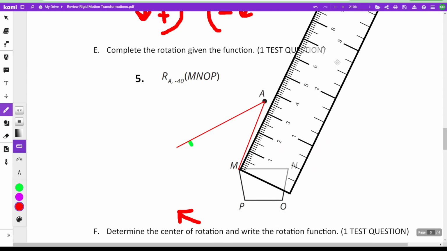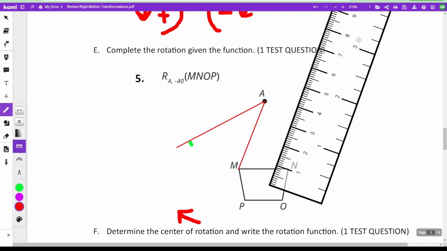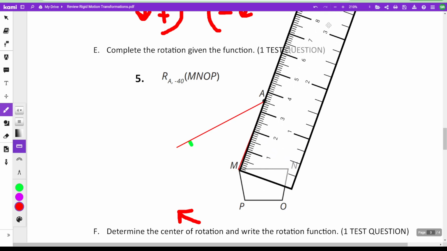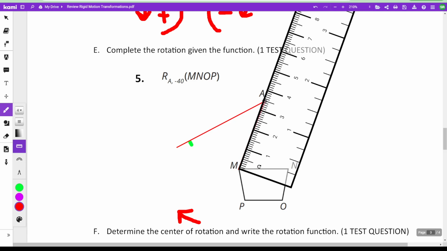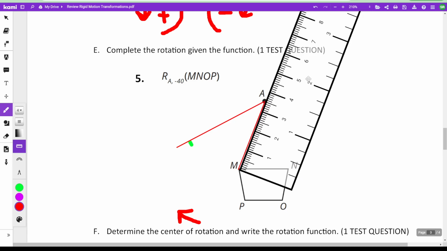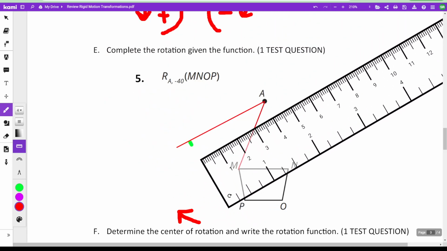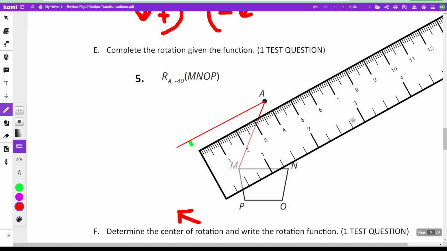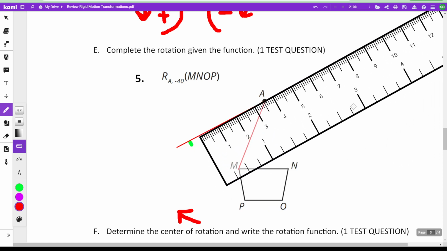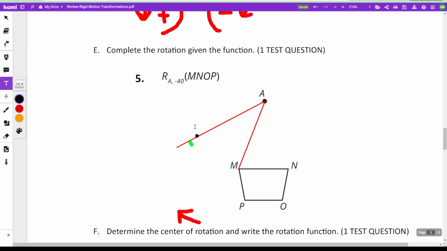Of course, it's a little bit difficult for me since I'm on Kami, but that's okay. We'll just do our best here. So right there you see that that's about 3.5 centimeters. Right, so we want to go 3.5 centimeters. Should be right there. And we want to mark down our point, M prime. Right, so right there we have M prime.